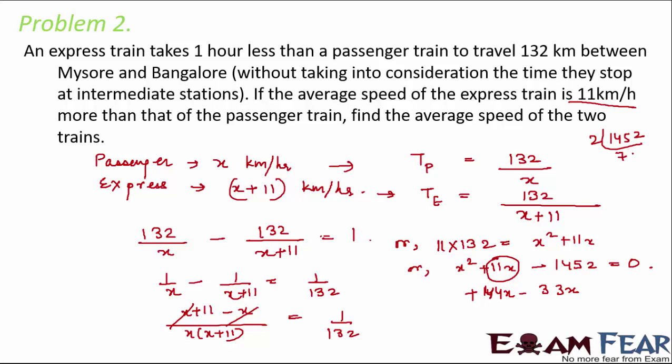So 2 into 7, 2 2s are 4, 2 8s are 16, again 2 3s are 6, 2 6 are 12, 2 4s are 8. Once again, 2 7s are 14, 2 2s are 4, 2 6s are 12. So this would be 3 6 3. Then this would be 3 1 2 1. Then this would be 11 into 11.